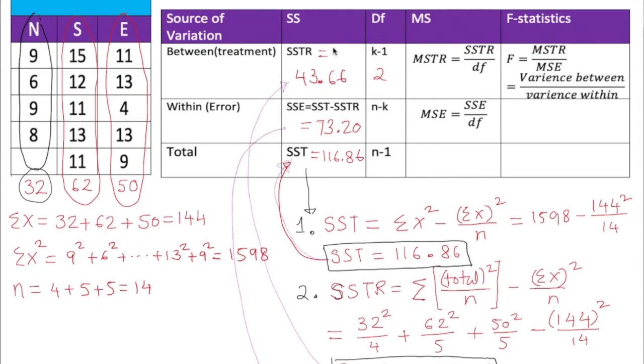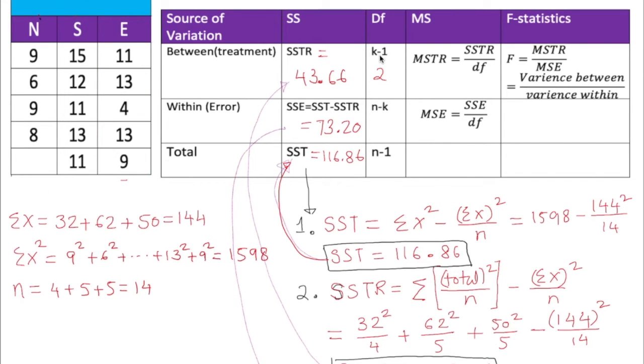Here you go. The next thing I do is go down here. I know this is my treatment sum squared, this is my error sum squared, and this is my total sum squared. So for the degrees of freedom, let's take a look here. I am going to erase this side. K is the number of categories, groups 1, 2, 3, so k minus 1 is 3 minus 1, which is 2.